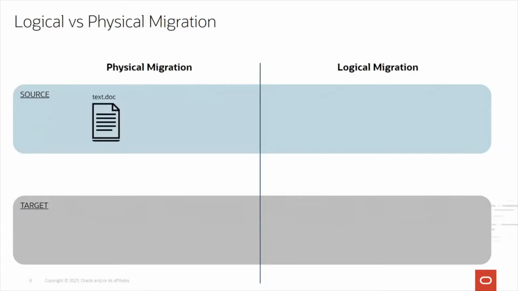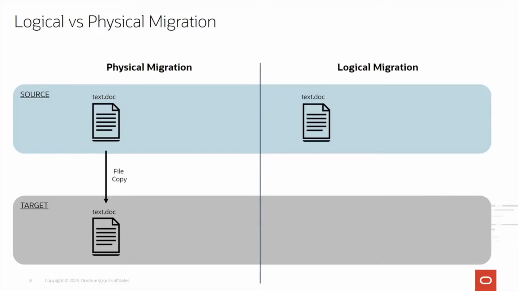Imagine you have a text.doc in your computer, and you copy it to your target, which is another hard disk or a different machine. This is exactly a physical migration. You copy the entire contents, block by block or the entire file as such, and move it to a different target. Logical migration is different.